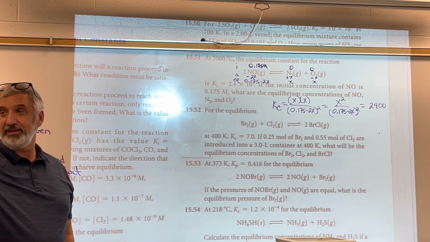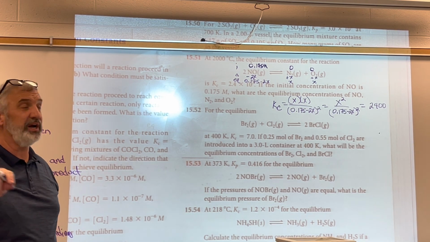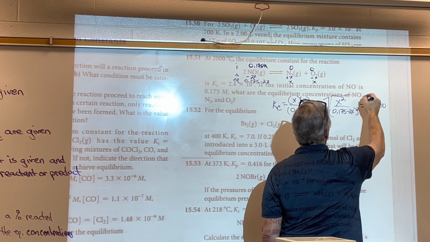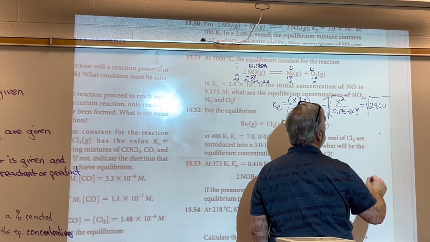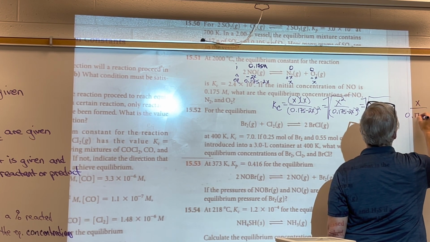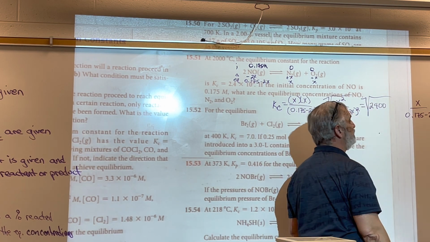Say what? Square root of. Take the square root of both sides. Get rid of the square. So take the square root of both sides. So we're gonna end up with x over 0.175 minus 2x is equal to the square root of 2,400.